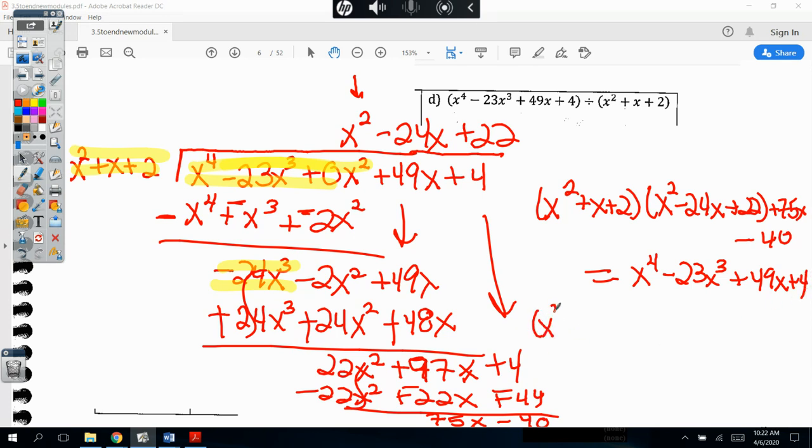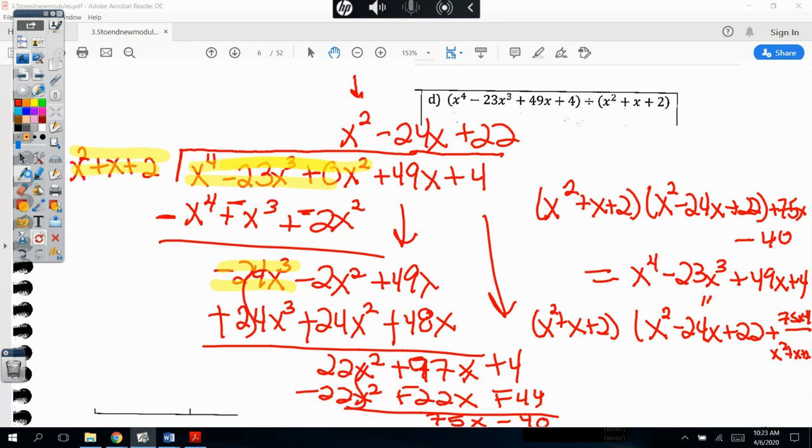Or you could say x squared plus x plus 2 times x squared minus 24x plus 22 plus 75x minus 40 over x squared plus x plus 2. That is so bad. And that could equal this guy up here.